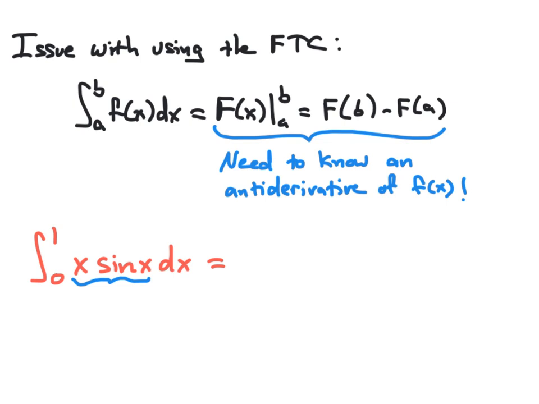And so without knowing an antiderivative of this function, there's really nothing we can do in order to evaluate this. And so one of the big topics in integral calculus is to come up with various techniques of integration in order to find antiderivatives for functions like x times sine of x.